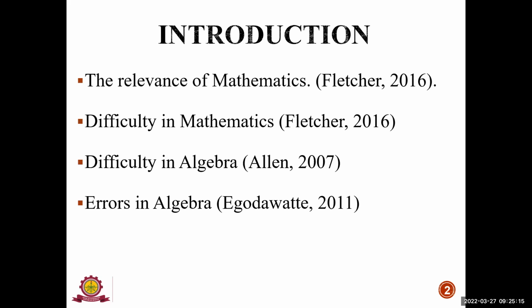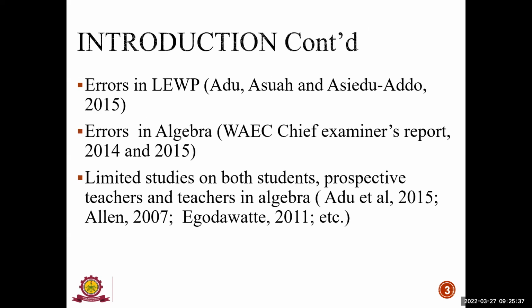One of the contributing factors to failure in mathematics is algebra, an aspect of mathematics. Earley 2007 also confirmed that difficulties in algebra really affect students' performance. Asiedu-Addo 2011 also said that the errors students make in algebra affect their performance in mathematics.